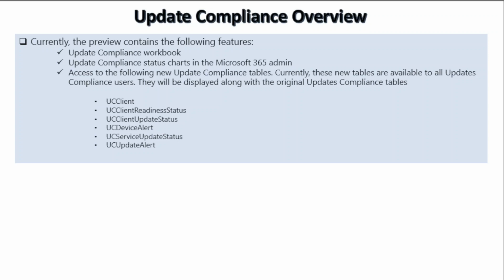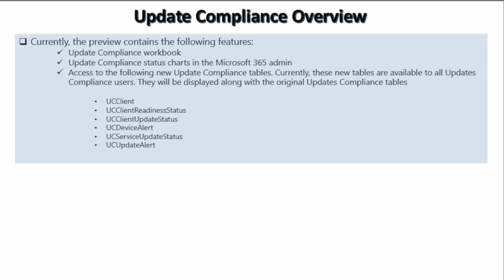Currently, the update compliance preview contains the following features. The very first feature is the update compliance workbook. The second one is the update compliance status chart in the Microsoft 365 admin center portal. And the third one is access to the following new update compliance tables.